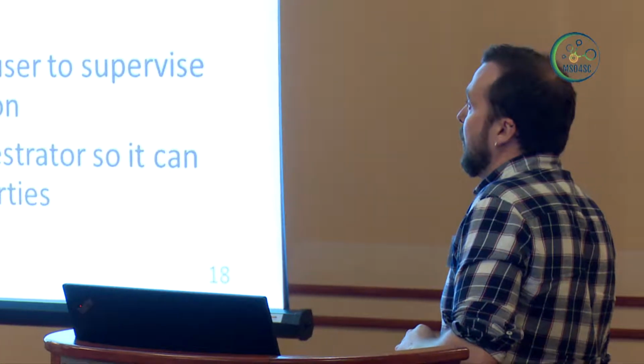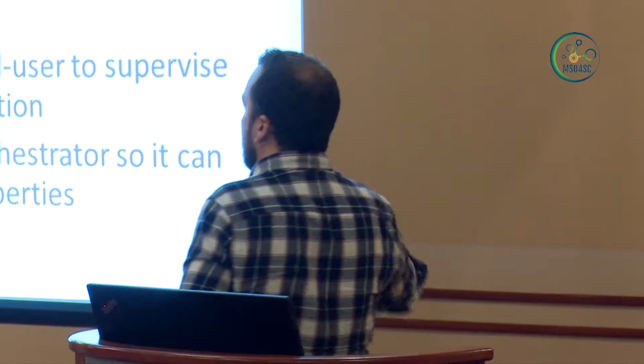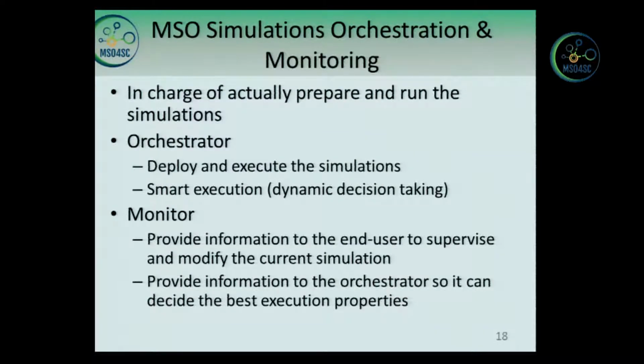Okay, in this part, if you remember the original architecture, this is the lower layer, behind the portal layer. In this case, we'll have the orchestrator and the monitoring. This layer is going to actually run the simulations and check what is happening.